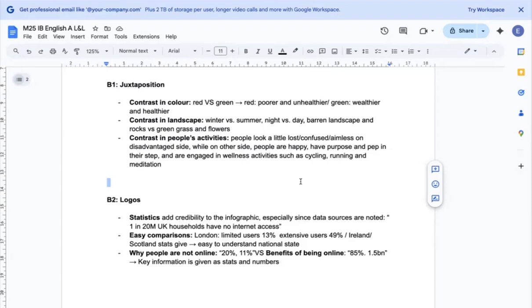On the other hand, less urbanized areas have a much bigger number of limited users, so that the public or related stakeholders can easily understand the national situation. So key information is given as numbers and stats, which allows clear understanding of the issue.